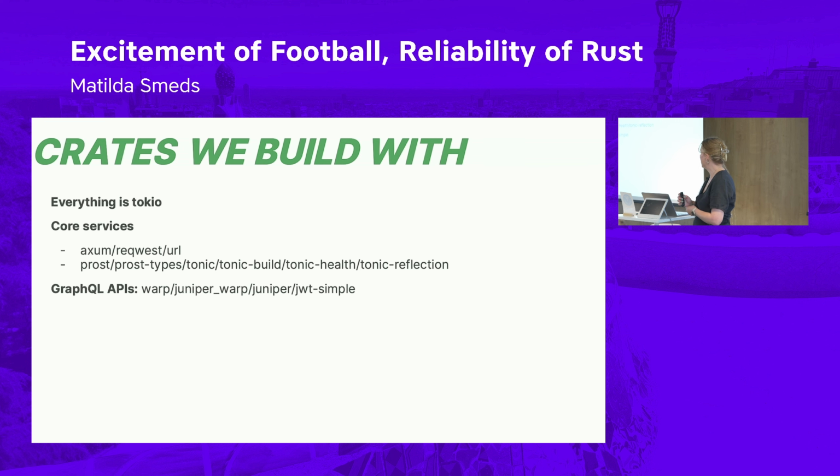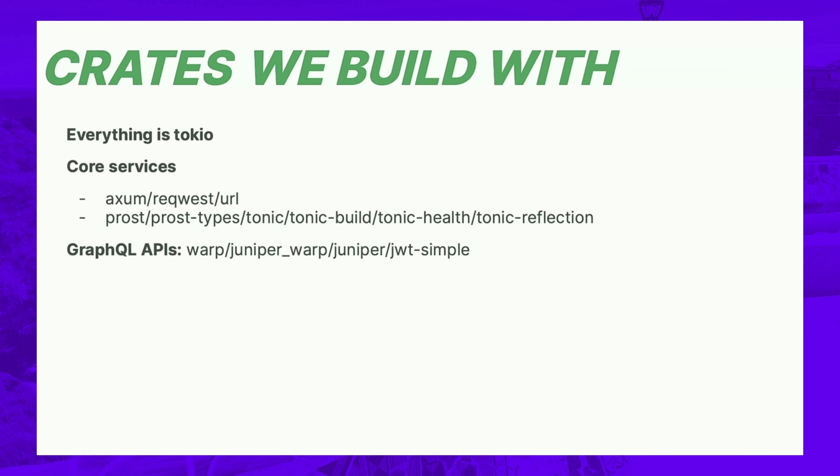Then for the GraphQL APIs, we use Juniper with Warp. And the reason why we do this is because this combination actually worked. We were able to make Juniper Warp work. I remember trying last fall also with Juniper Axum, and even with the examples, I was not able to make it work in the limited number of hours you have on a commercial software project.